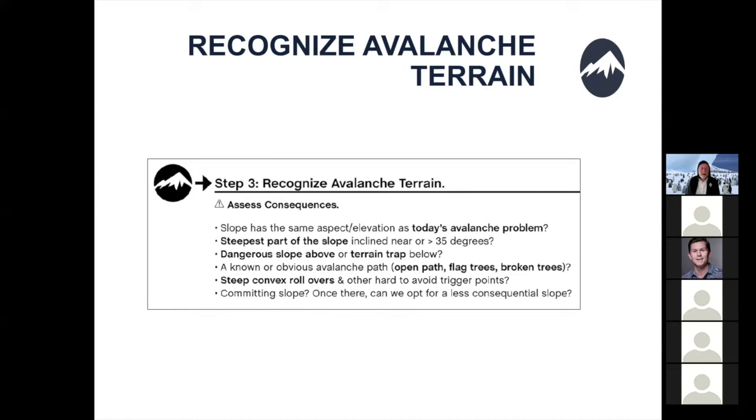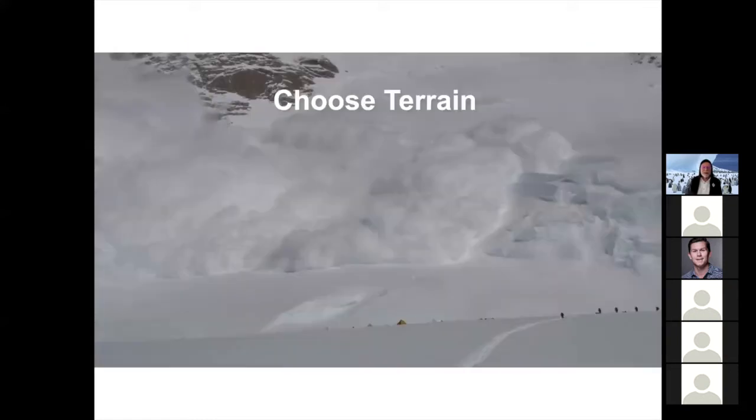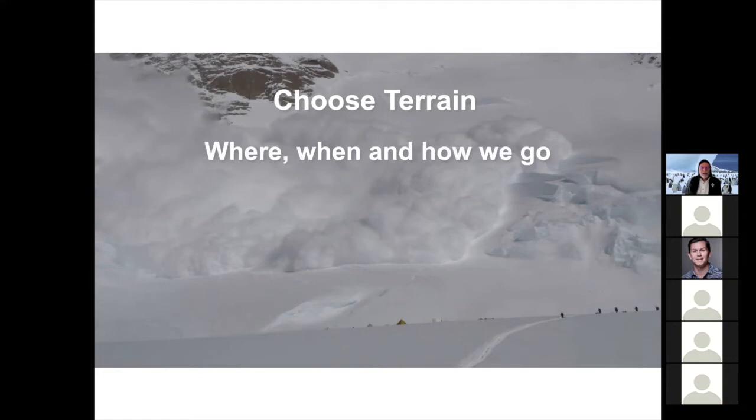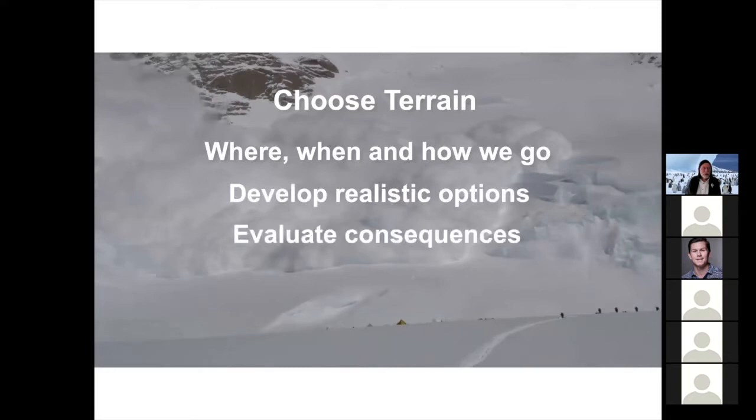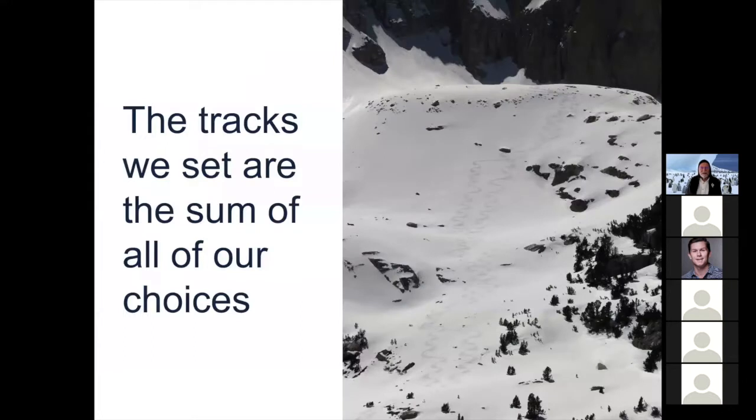We've got to remember that even a small piece of terrain can have serious consequences. So when we choose the terrain, we're thinking not only about the where, but the when and the how we go. We're looking for options and consequence. One way to look at this is that the tracks we set are kind of the sum of all of our choices.